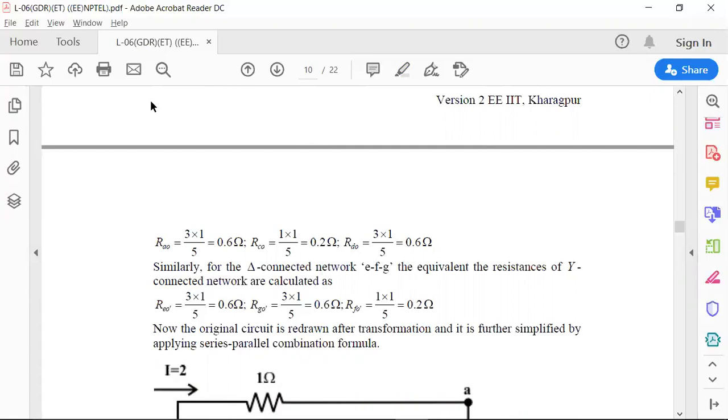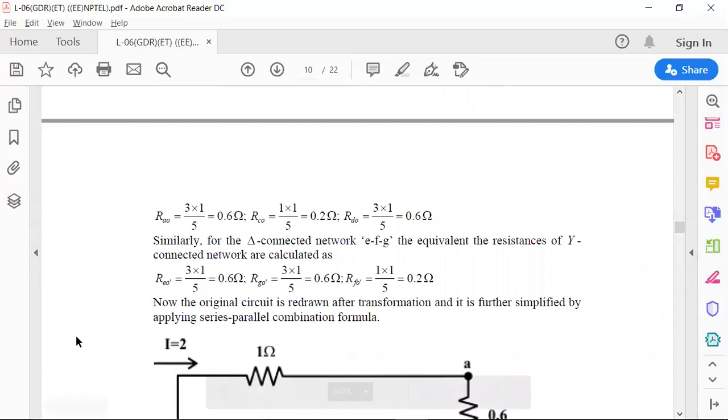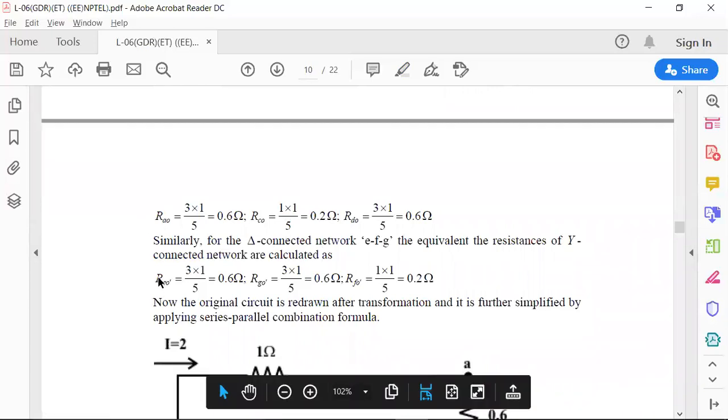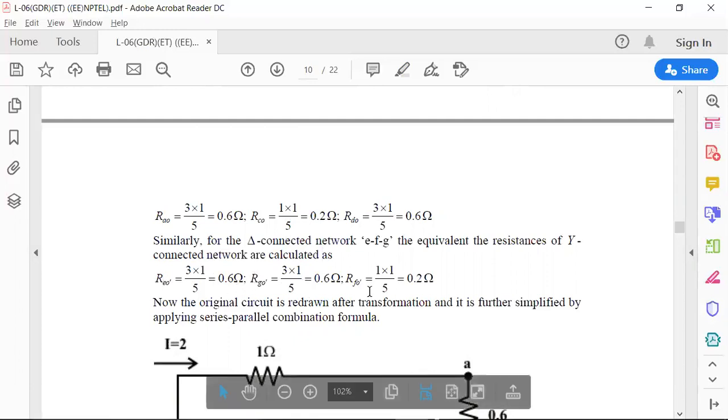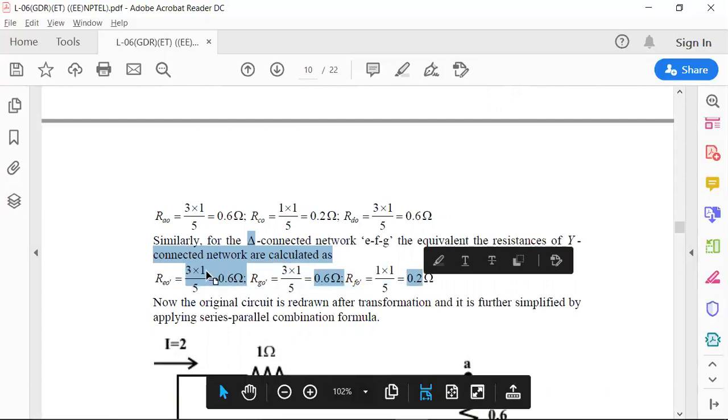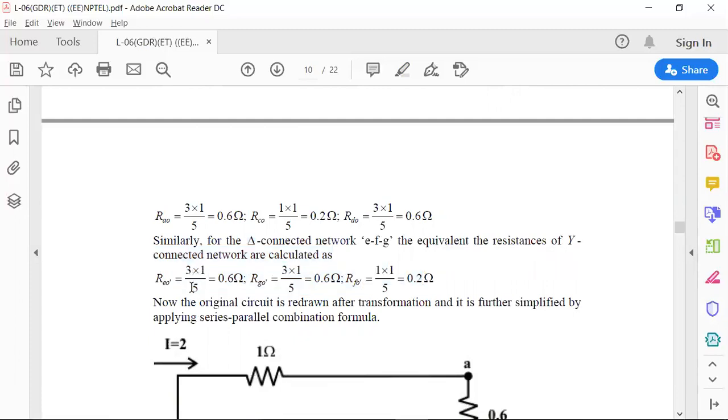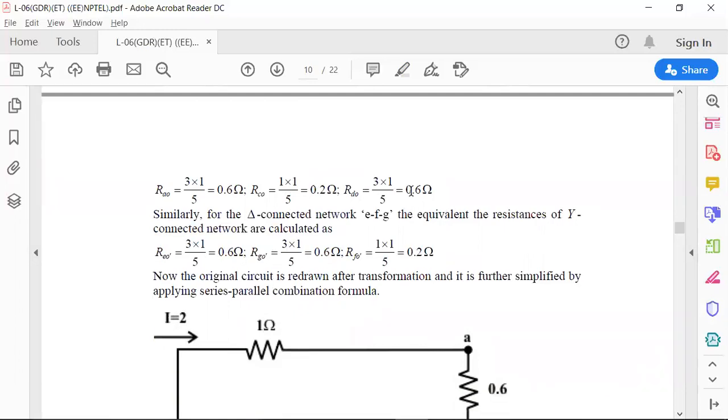Instead of mentioning REO dash, we can mention directly RE, RG, RF. For the same formula, adjacent arms over the summation of total arms, you will get similar values because the arms are the same.